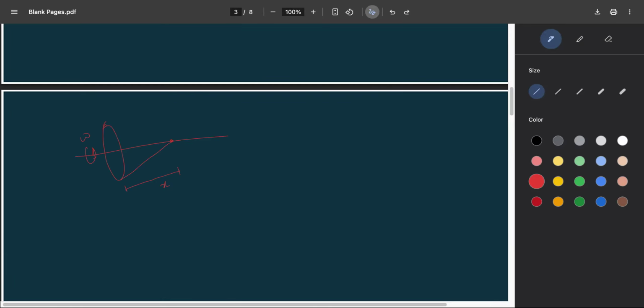Is it due to omega? Is it due to rotation? Due to the rotation, yeah, exactly.